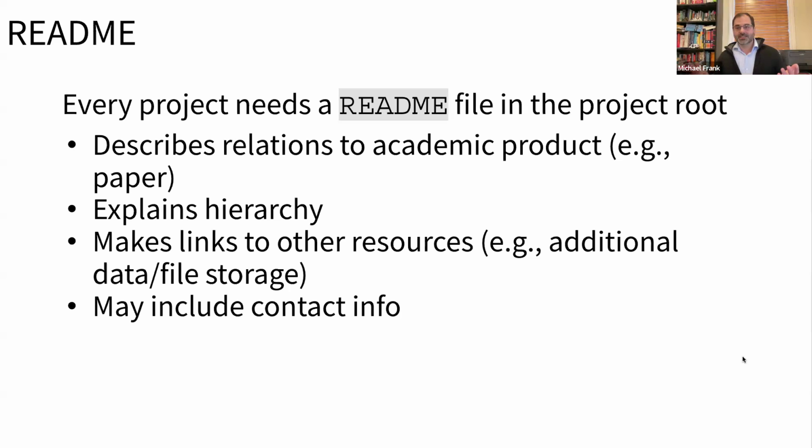So for example, it might say, this is the stuff for these papers or this one paper. This is all the materials. It might explain the file hierarchy in case it's different in some way than what you might expect. It might make links to other resources, so additional data or file storage. And it might include contact info or other information to get in touch with you or to get involved in the project or something like this.